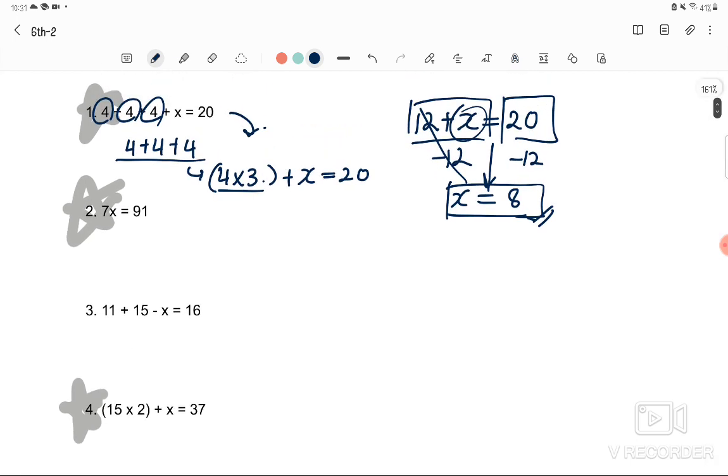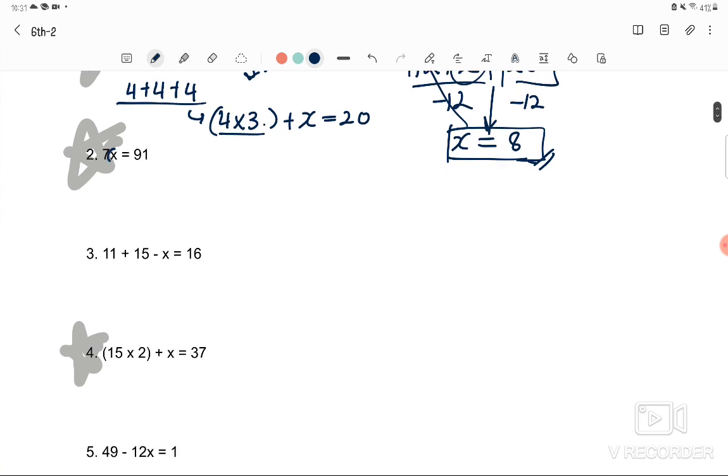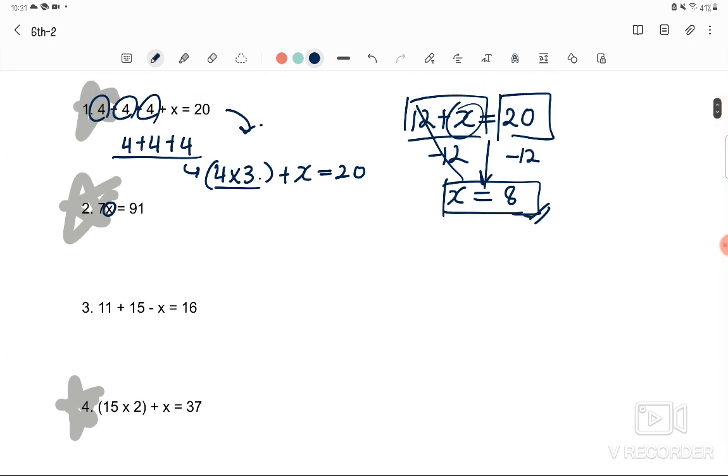Okay, this is multiplication. So 7x equals 91. Like I said, you have to leave the x by itself on a side of the equation. It can be either the right or left side of the equation.